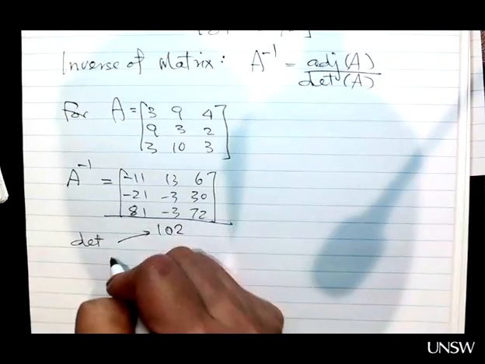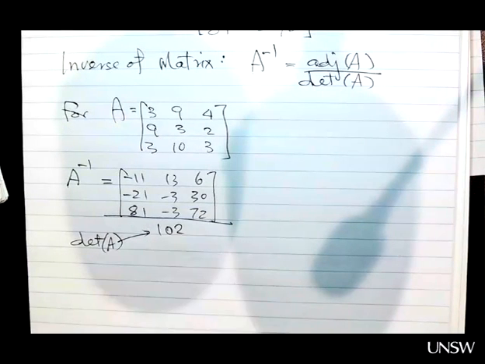The determinant of A. So this is the inverse. We will use these matrices a lot in the rest of the design.